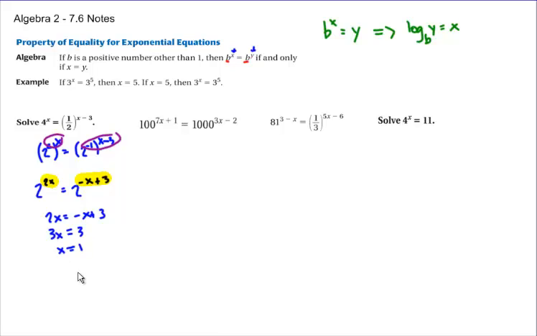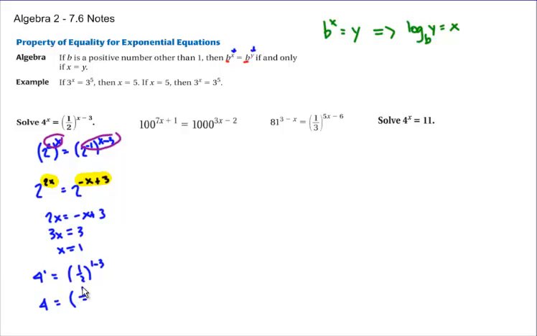And always check this to make sure that it works out correctly. So if I have 4 to the first power, is that the same as 1/2 to the 1 minus 3 power? So this is 4.